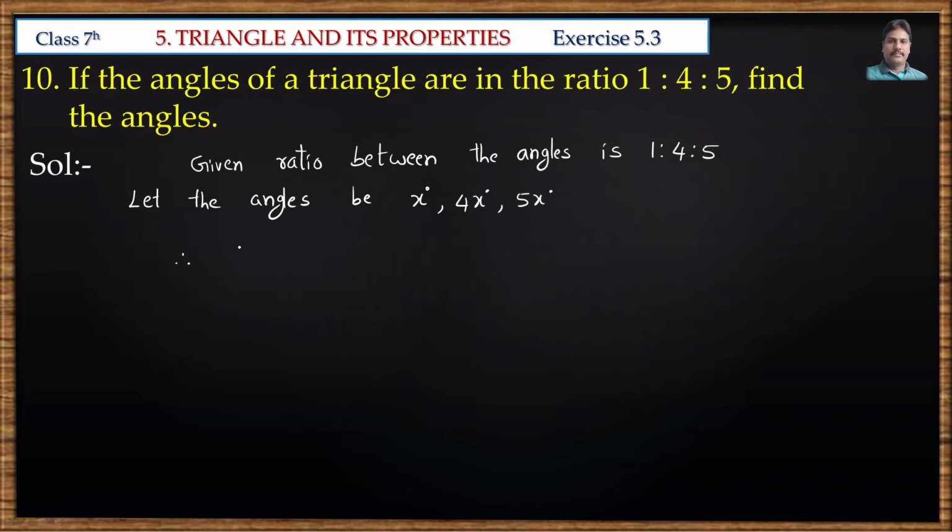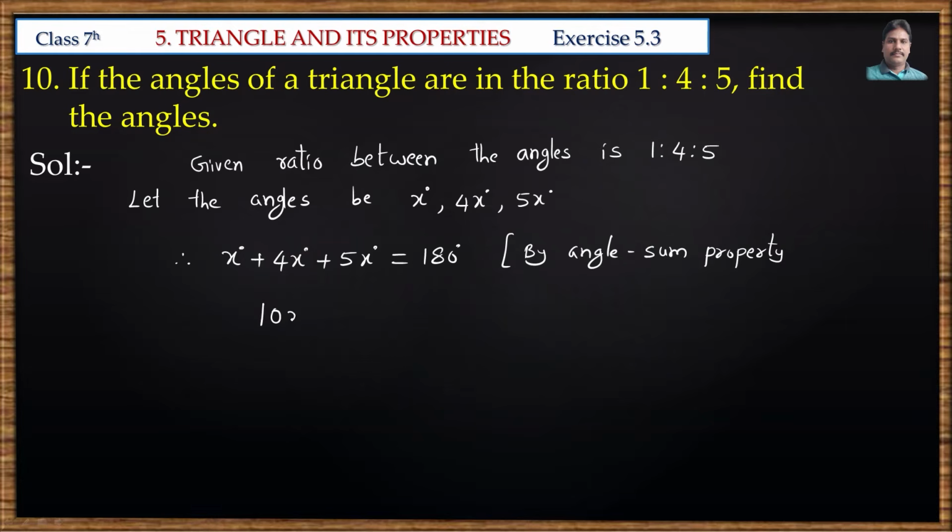Therefore, x plus 4x plus 5x will become 180 degrees by angle sum property. Therefore, x plus 4x plus 5x becomes 10x is equal to 180 degrees.